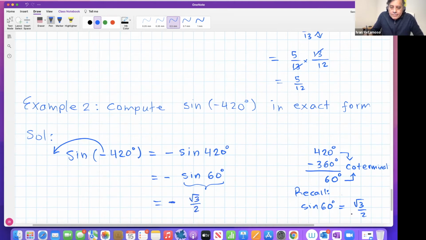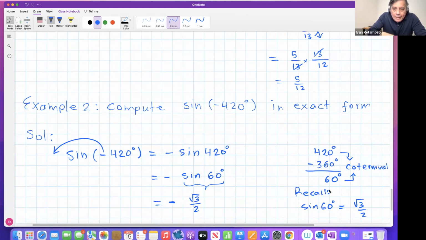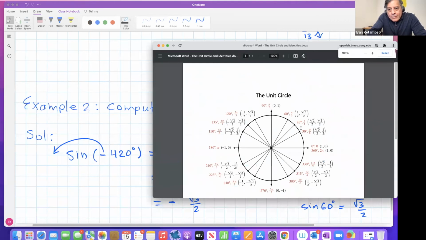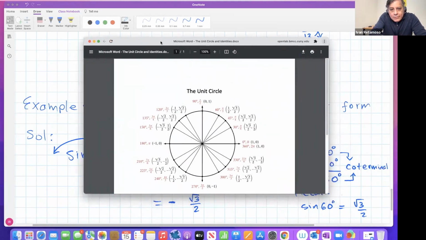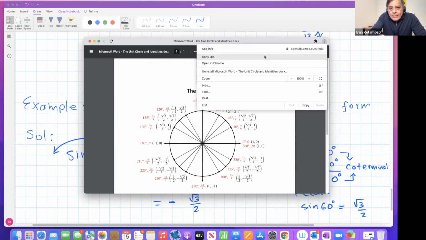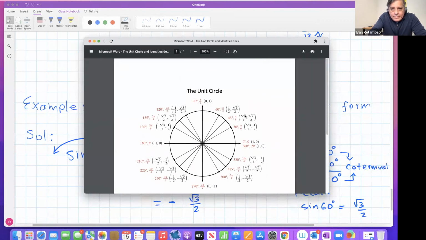can be gotten from this unit circle sheet that I urge you to have handy, to print out. I have put it on our website as usual under useful sheets. It is here. I can give you the direct link in the chat.